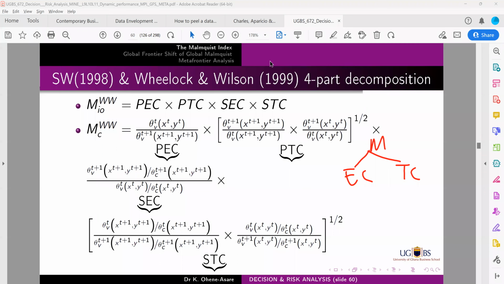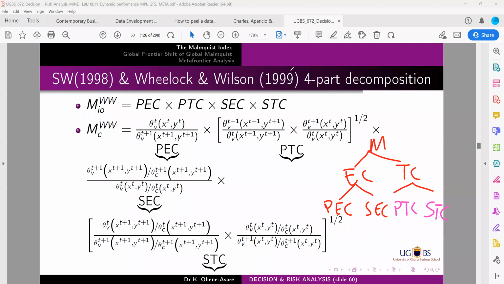What Wheelock and Wilson did was to split the efficiency change also into two, so that you have the pure efficiency change and then the scale efficiency change. Then they split the technological change also into two. Then you also have pure technological change and then scale technological change. Now, this latter part is new.